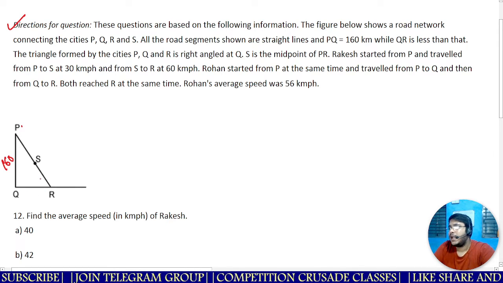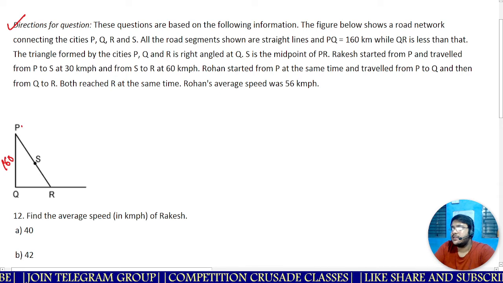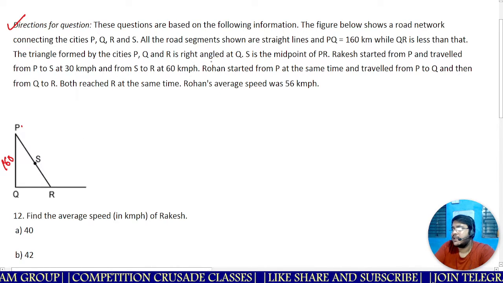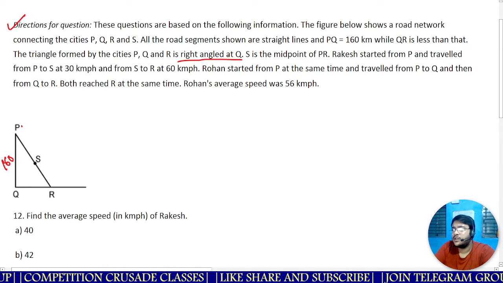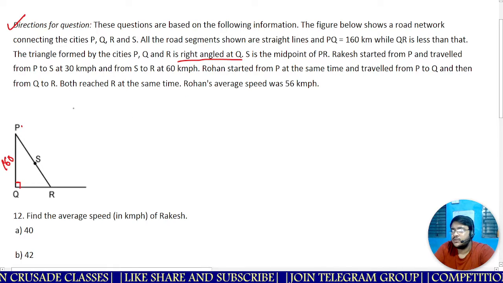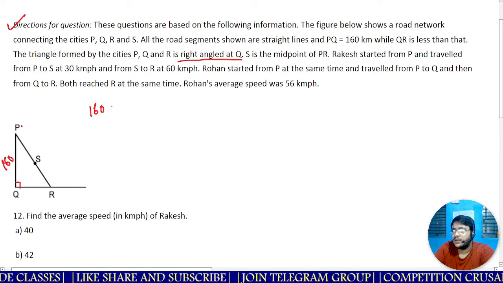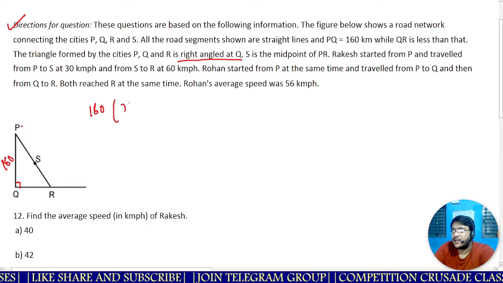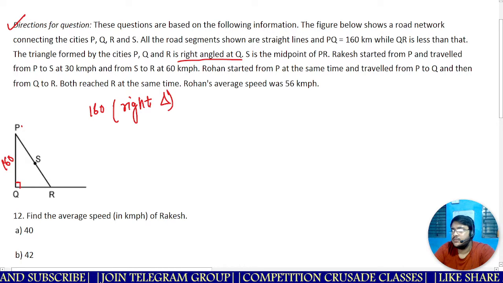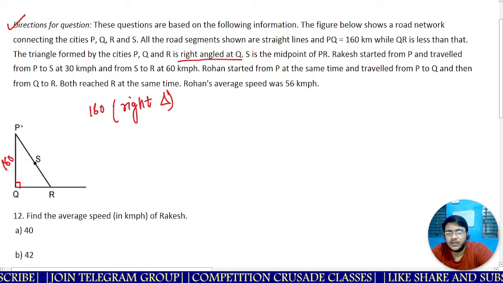The triangle formed by the cities P, Q and R is a right triangle at Q. Now this is a right angle triangle, and the moment you see a 160 and a right triangle, it should give you some sort of an idea in your mind.